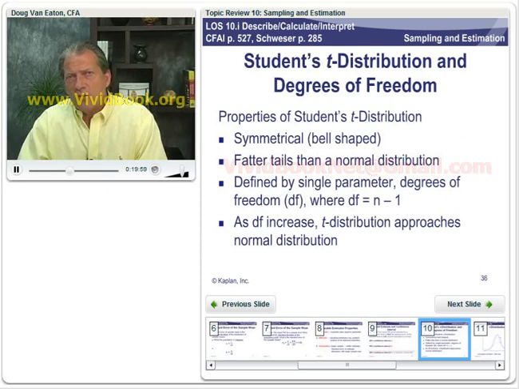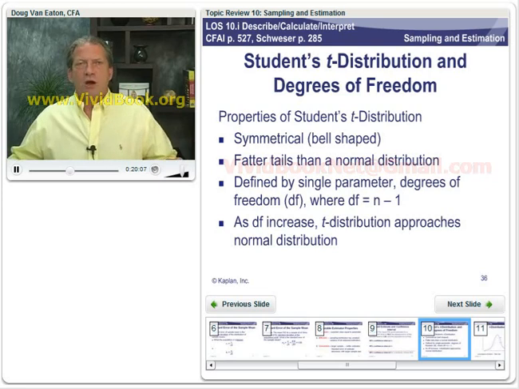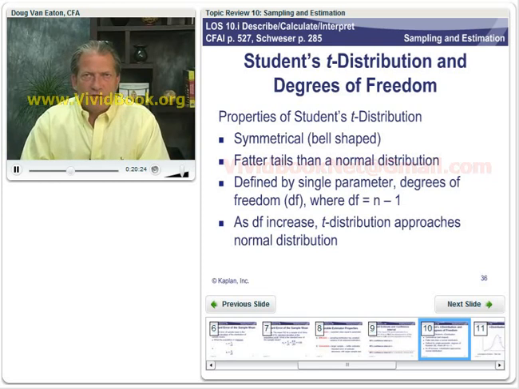In general, it has fatter tails, meaning more probability further from the mean, greater probability of extreme observations or outliers. Its shape is defined by a single parameter, which we call its degrees of freedom. And degrees of freedom for our purposes here is simply n minus 1, one less than the sample size.